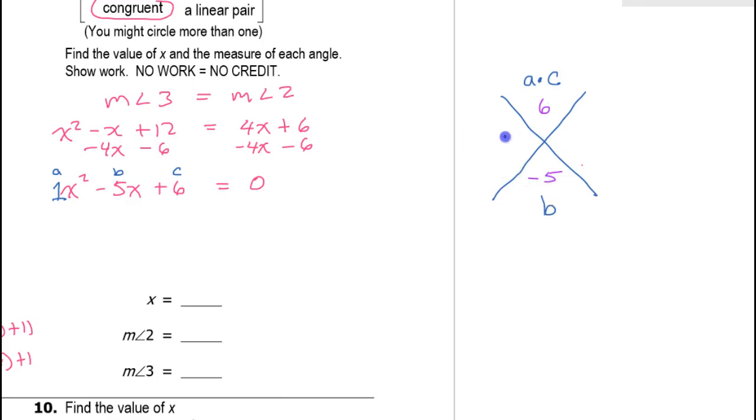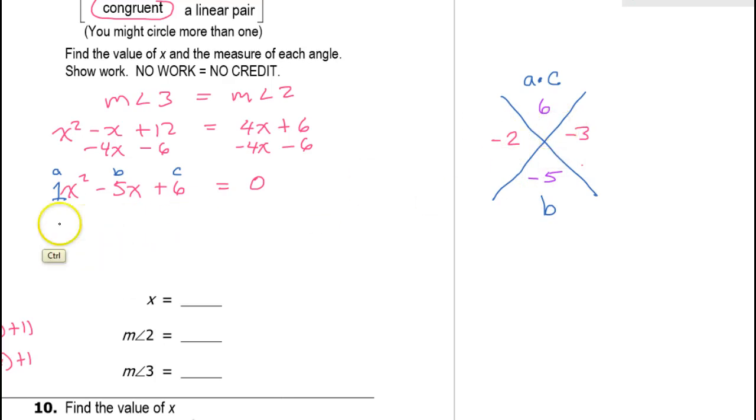For example, if I did 2 times 3, that's probably the first thing that comes to mind that gives you 6. But if I add those together, that makes positive 5, not negative 5. Well, what if I did negative 2 times negative 3? A negative times a negative is a positive, so that works. And negative 2 plus negative 3 is negative 5. So this is the correct pair.